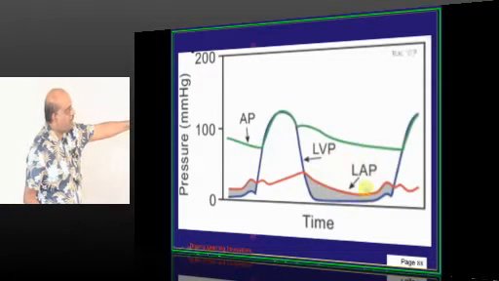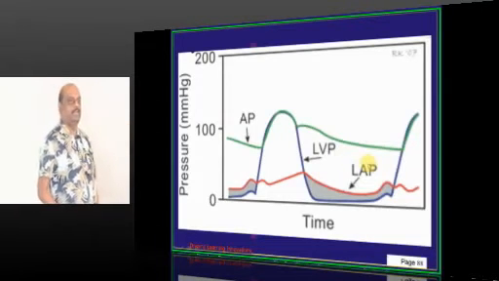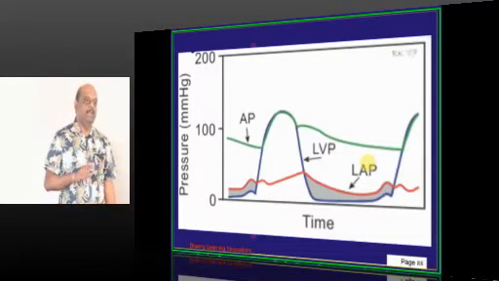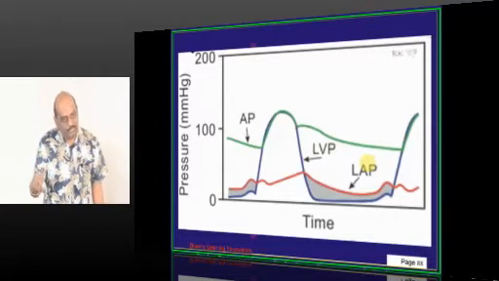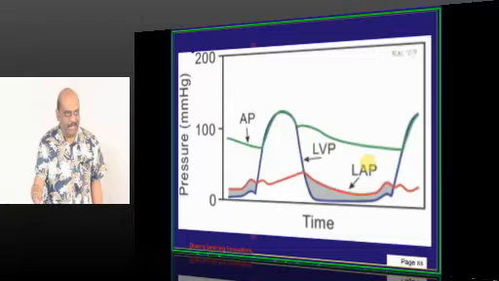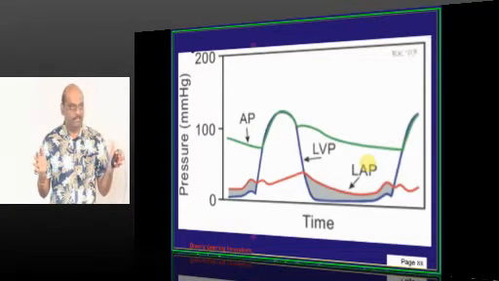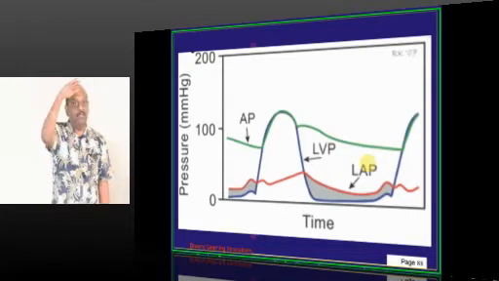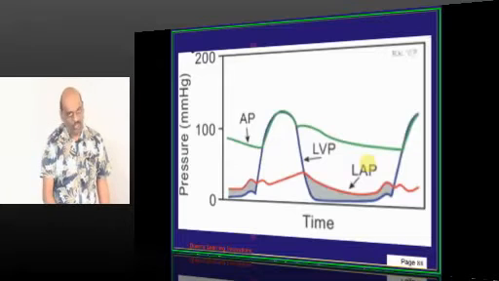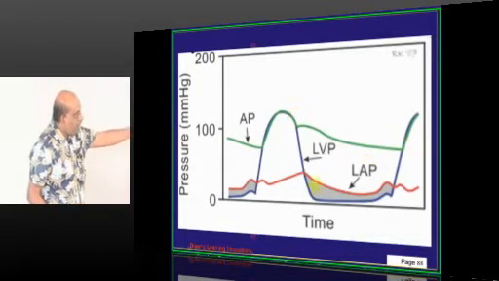Generally during the diastolic phase, what should happen to the left atrium? In normal people, the left atrium should pump blood into the left ventricle, and the left ventricle should fill with the blood, and pressure should rise in the left ventricle. Left atrial pressure should fall, right? But in this case, what is happening?